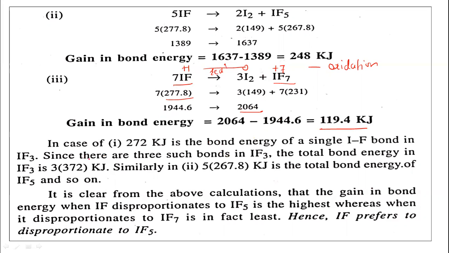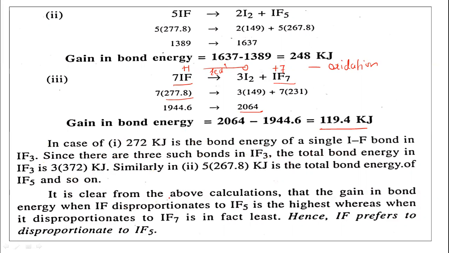In case of IF3, first, 272 kilojoule is the bond energy of the single IF bond. Since there are 3 such bonds in IF3, the total bond energy in IF3 is calculated. So already we explained this, how to calculate the gain in bond energy, that is given here.